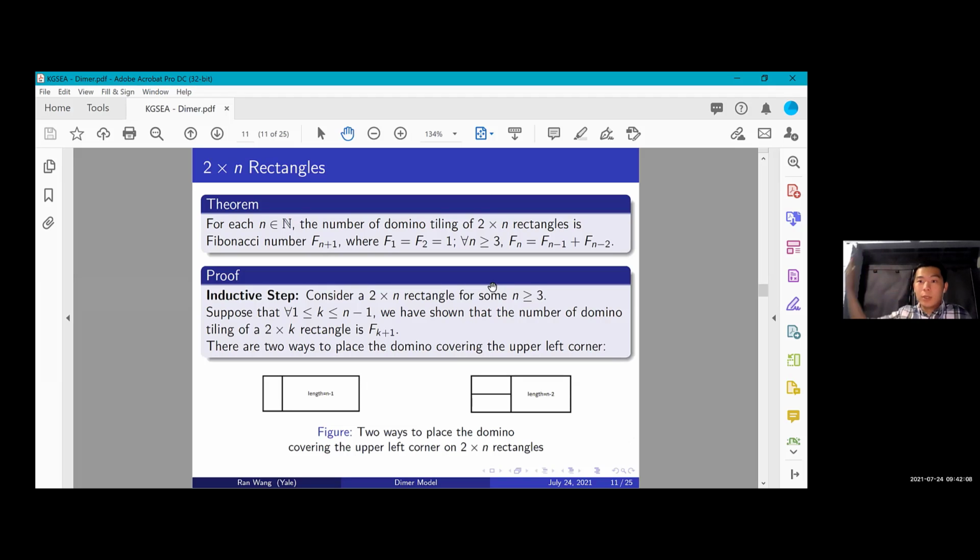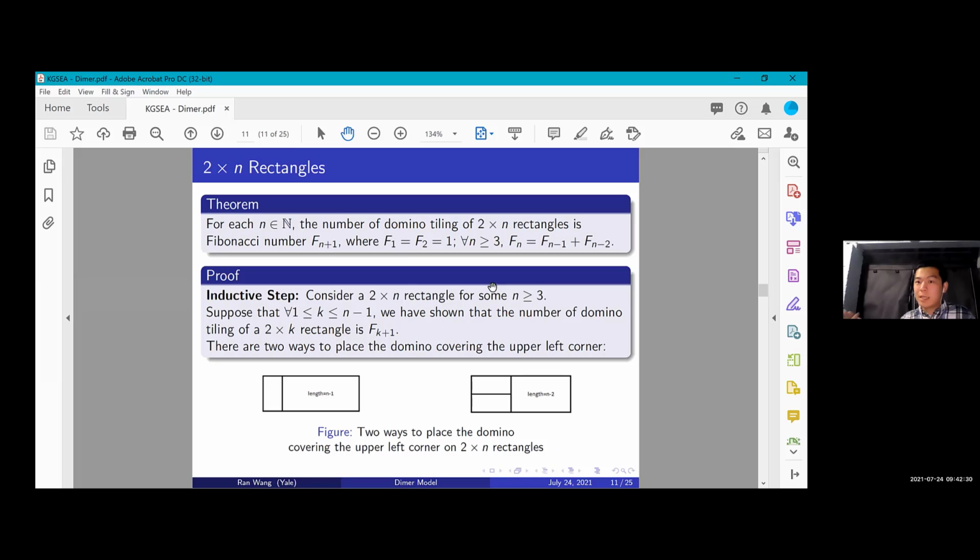For the induction, we suppose that for all numbers k ranging from 1 to n minus 1, we have shown that the number of domino tilings of such a rectangle is F_{k+1}.